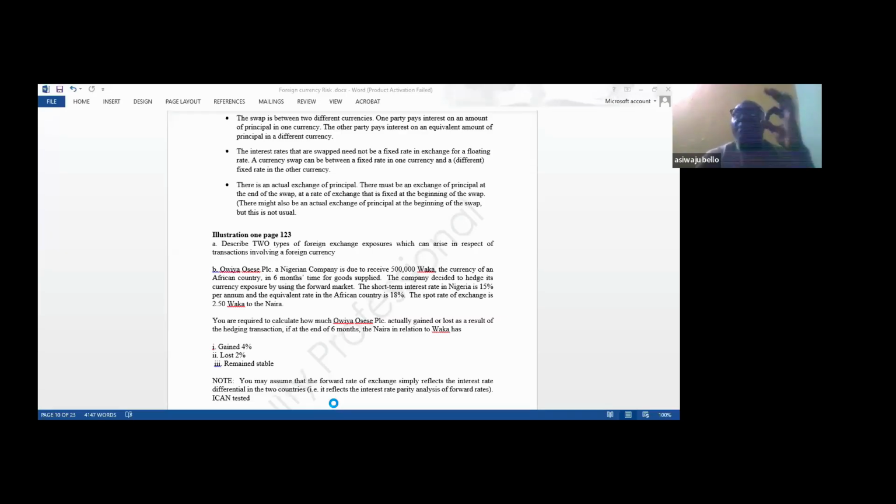We now rounded up the class with external measures. The external measures are also called the financial measures because we use financial derivative products to hedge against fluctuation in exchange. What are these measures?